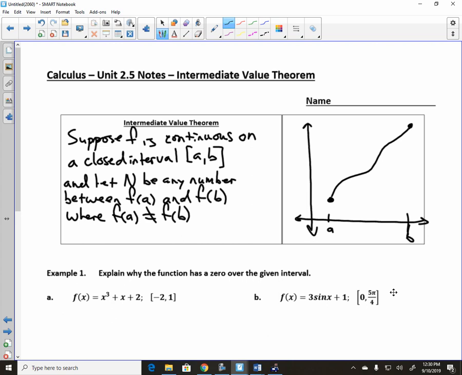What are f of A and f of B? What does that look like on the graph? Those are the y values. So if this is A, this is f of A, and if this is B, then this is f of B. So n is between those two.